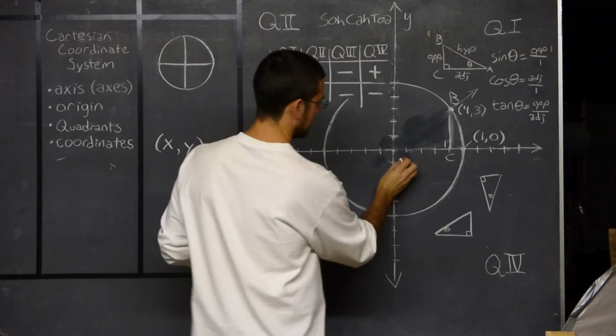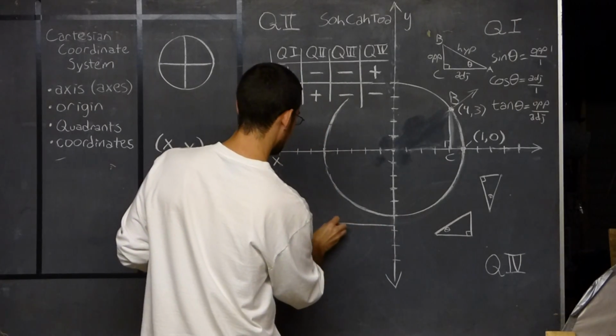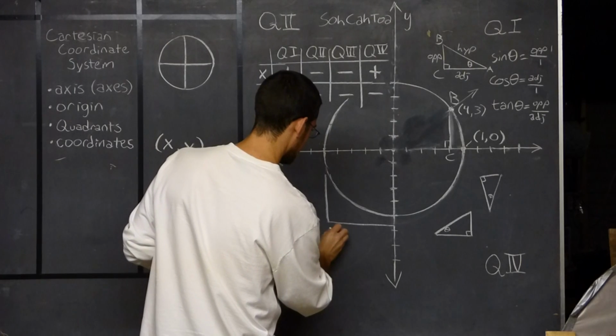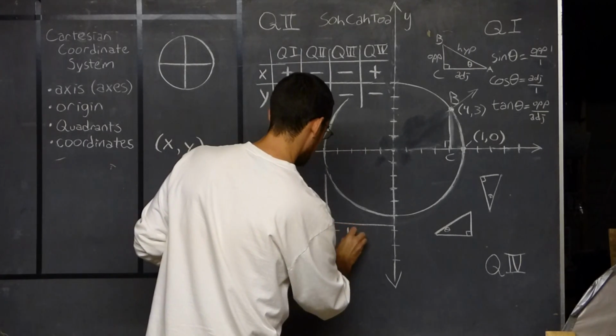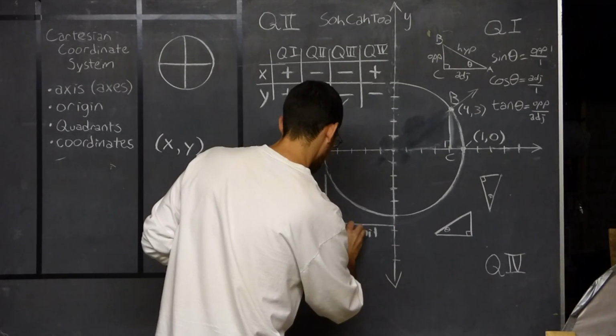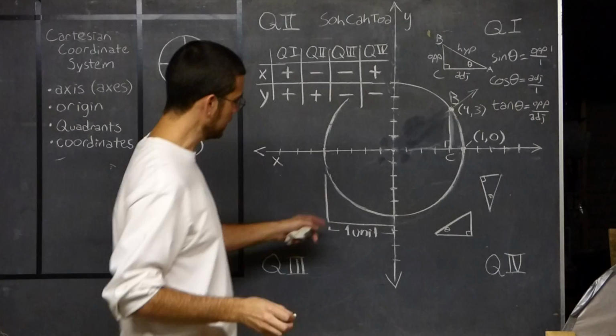Okay? So now, this distance from the axis out to here is 1 unit.